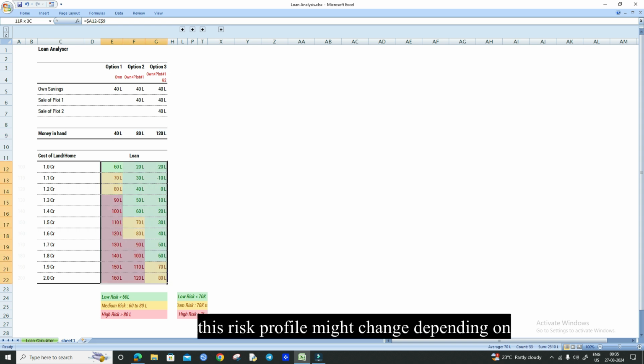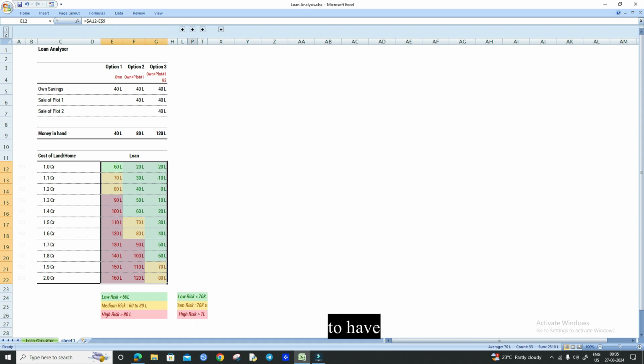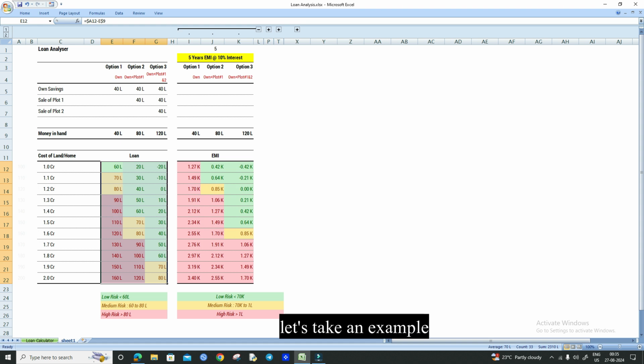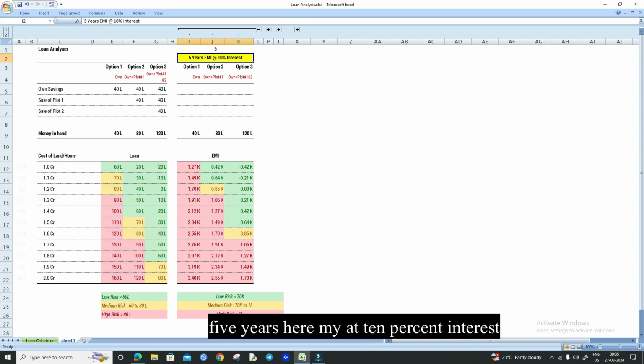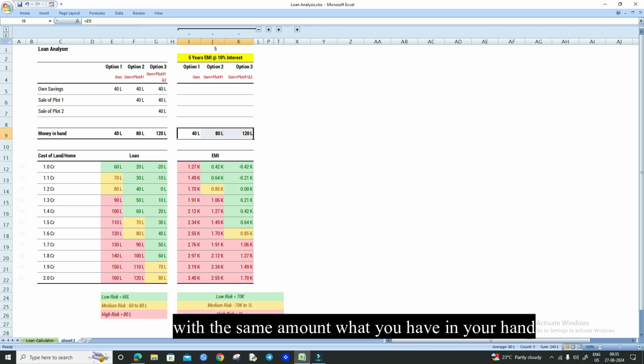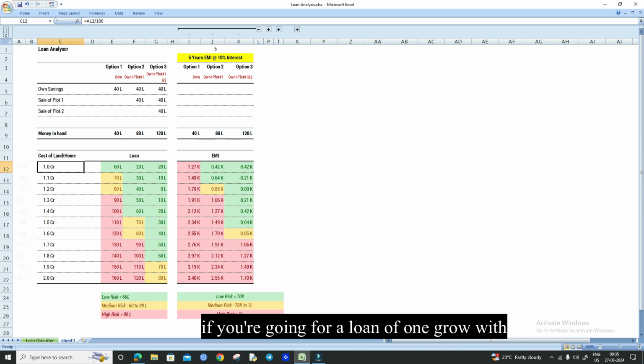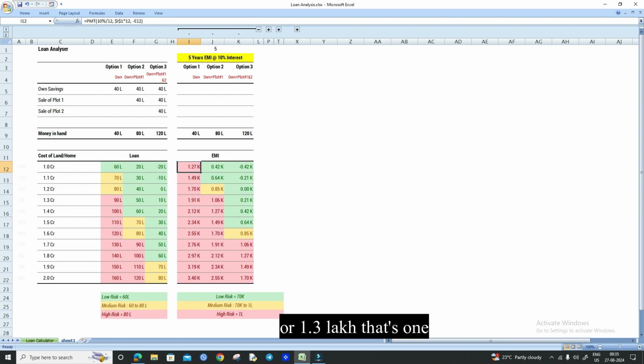This risk profile might change depending on the number of years of EMI you are planning to have. Let's take an example of a 5-year EMI at 10% interest with the same amount you have in your hand. If you're going for a loan of 60 lakh with 40 lakhs in hand, you might have to pay 1.3 lakh, that's 1 lakh 30,000 every month.